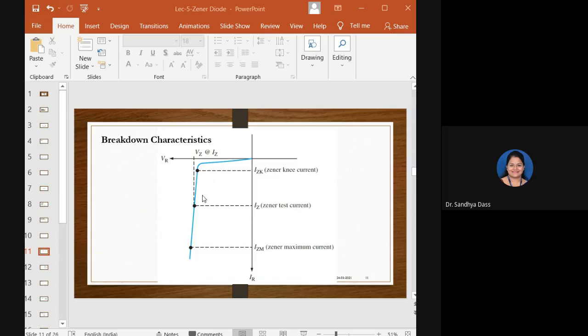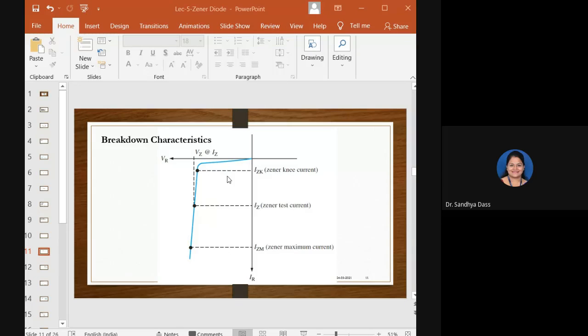The other point is the maximum current the diode can withstand, given the maximum allowed power dissipation. To maintain voltage regulation, the current between these two points has to be maintained. That means the operating point of the diode should be within the minimum Zener current and maximum Zener current. I hope you are getting my point.